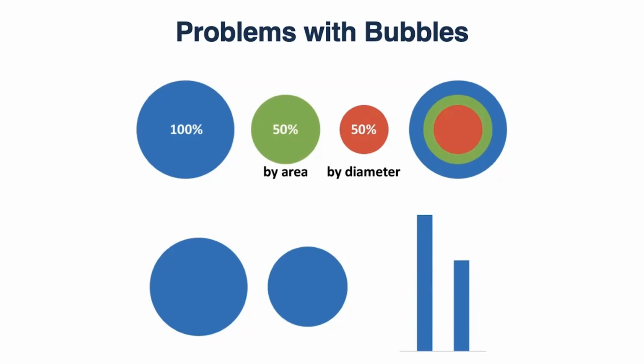If the radius or the diameter of this pizza is half, then this actual area is much lower, and we can't really perceive areas as humans. So be careful with bubble charts, especially when you try to compare different things.